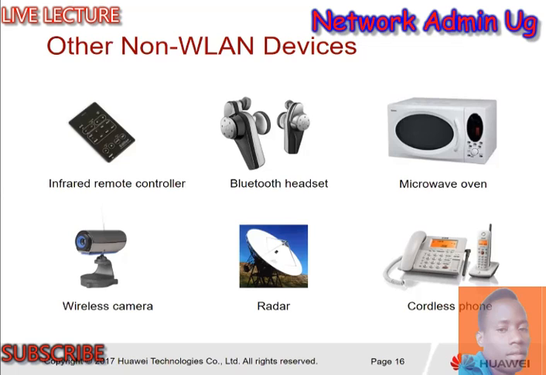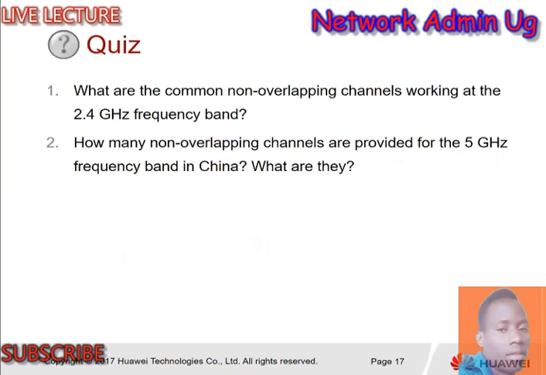So that is how we extend the 2.4 frequency band, by putting some devices to use the space of the 5 gigahertz. So that is it for this chapter.